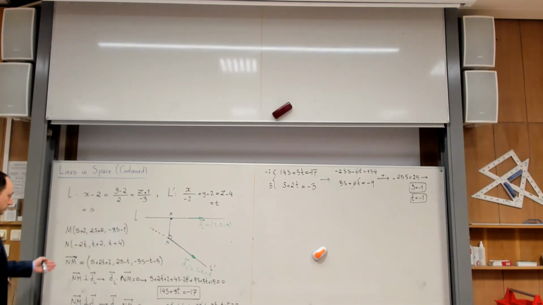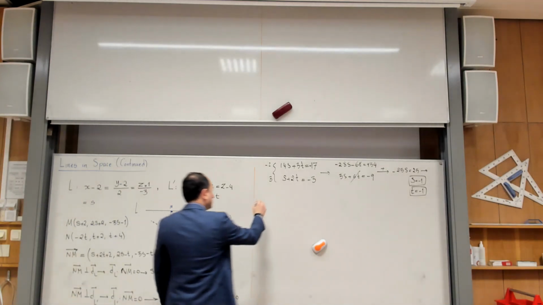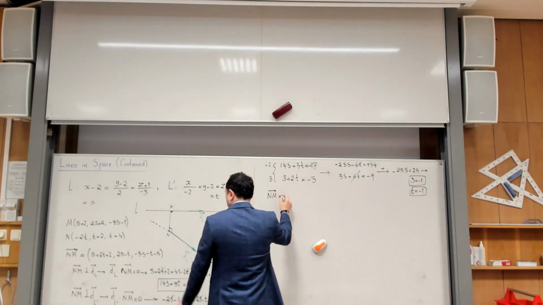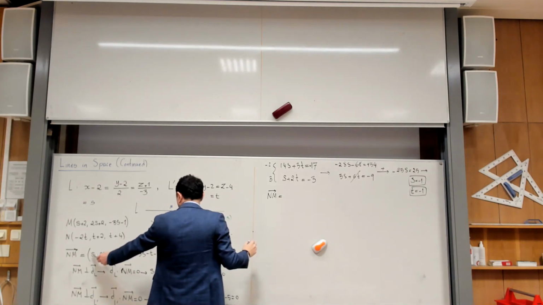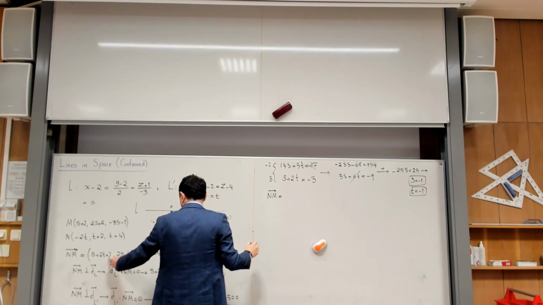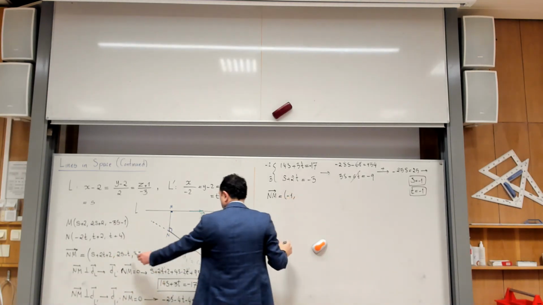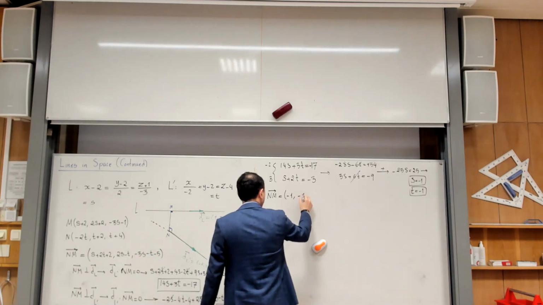Yes, whatever we want. So for example, let me calculate nm. So the vector nm here, I put minus 1 and minus 1 here, so it becomes minus 3 plus 2 is minus 1. I put it here, minus 2 plus 1, again minus 1.